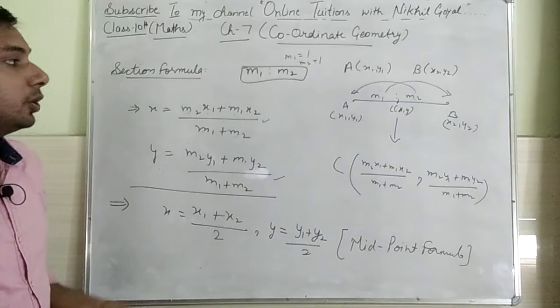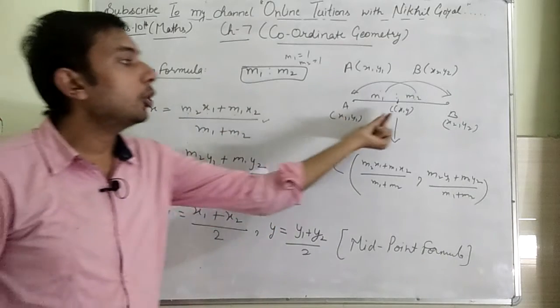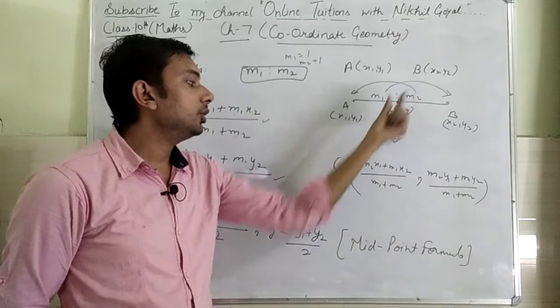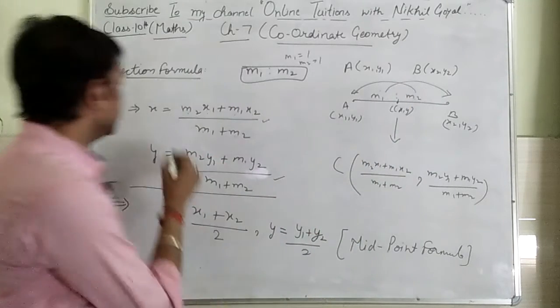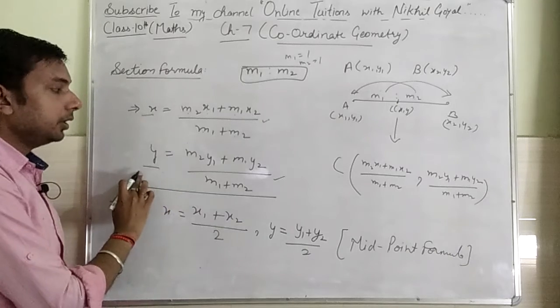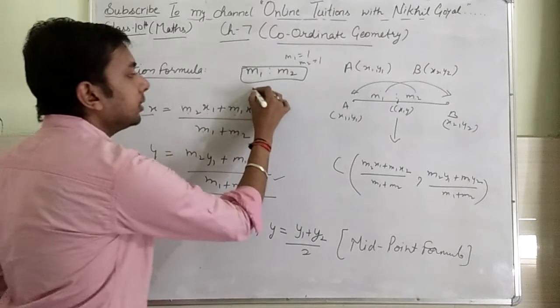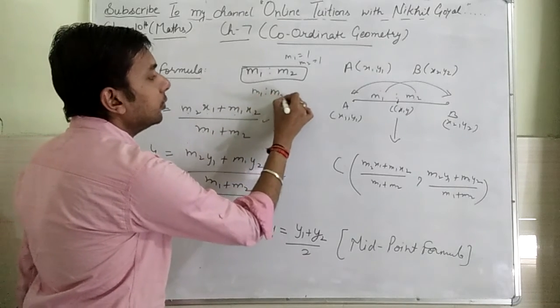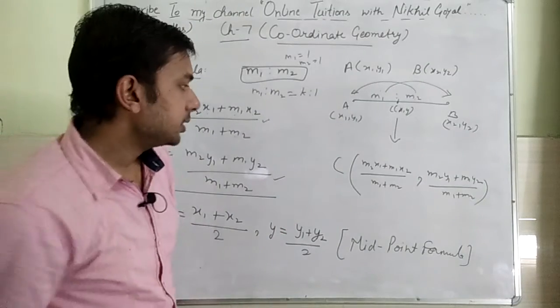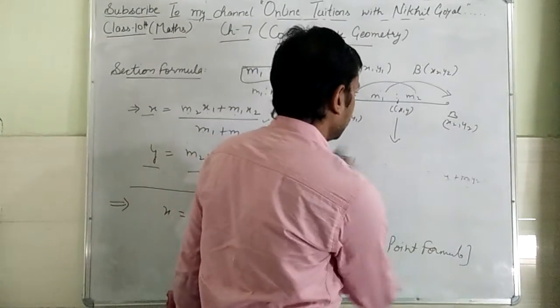After that, if we have to find the ratio but the point is given, if point C is given to you and you have to find the ratio, then you will use the values given for the point, but the ratio m1 ratio m2 you will take as k ratio 1, and the formula will change.